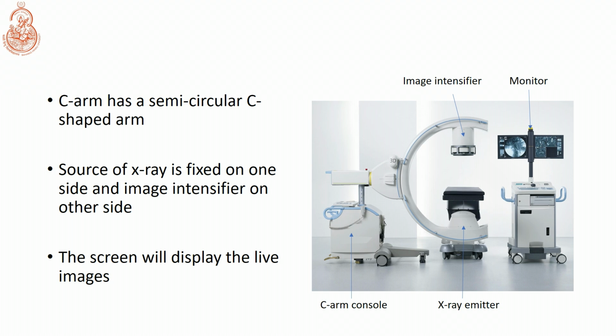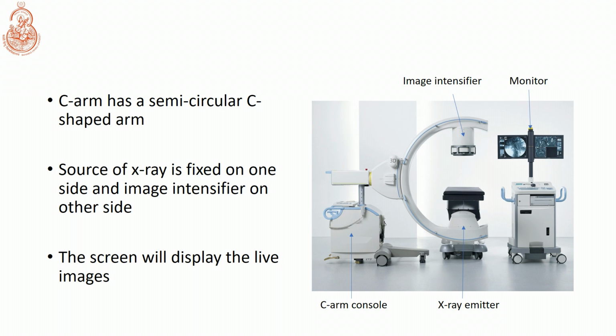The C-arm, as the name suggests, has a semicircular C-shaped arm. The source of X-rays is fixed on one side and the image intensifier is kept on the other side of the C-arm. If you look at the photograph on the right side, you can see the C-arm.